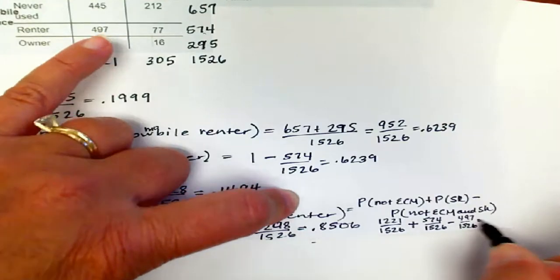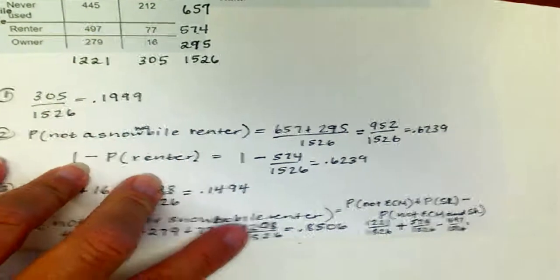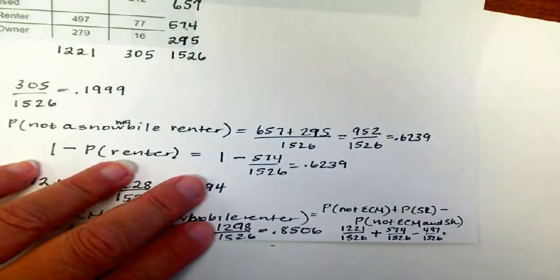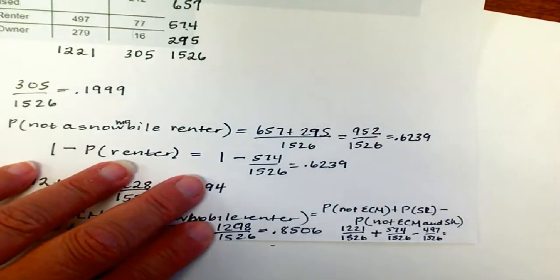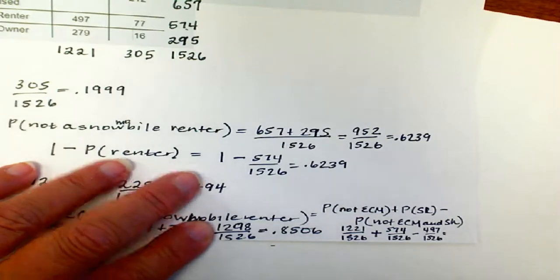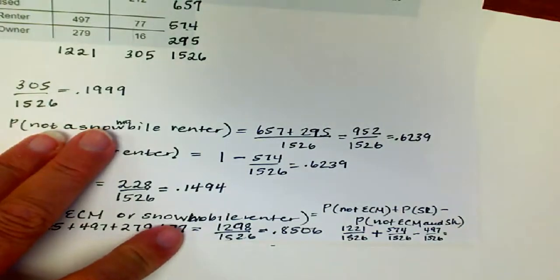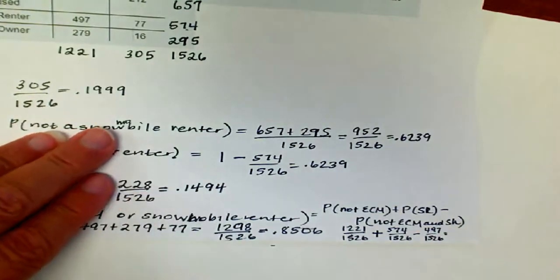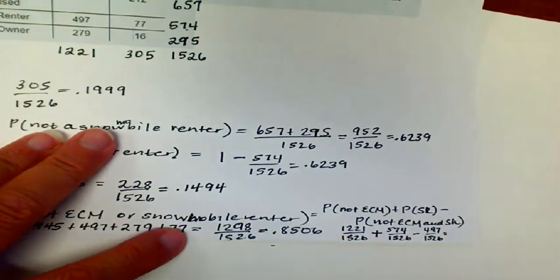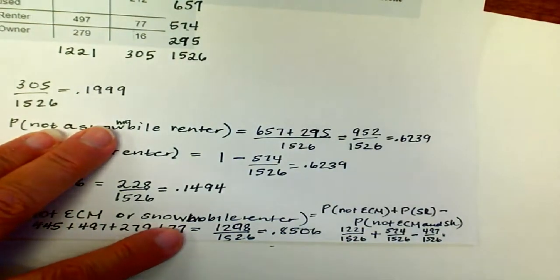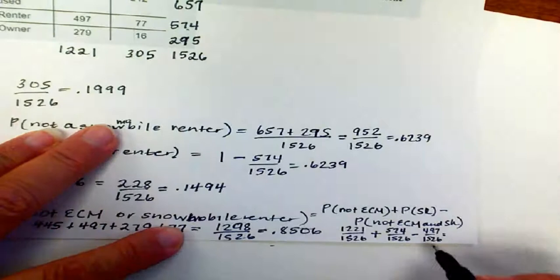So if we went through and did it that way, let's check that and make sure we get the same answer. So you'd have 1221 and 574 minus the 497, which is going to give you, let's see, the same answer. So that's going to give us the exact same answer.